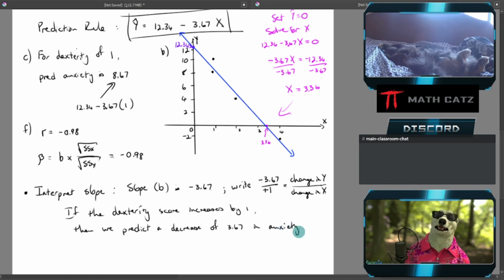Whatever scale is used, of course. It's very important, I feel, to be able to interpret these numbers that I see in the prediction rule.